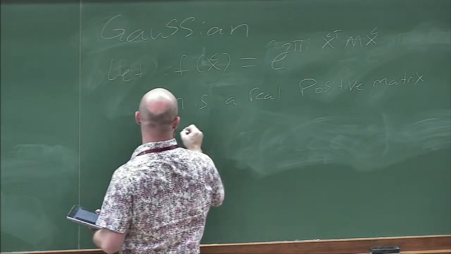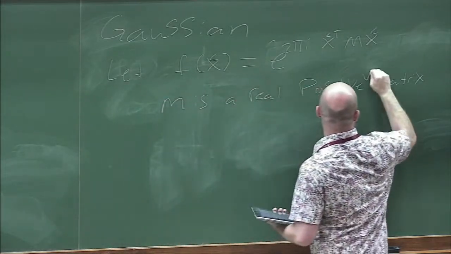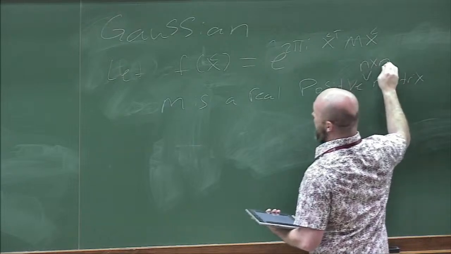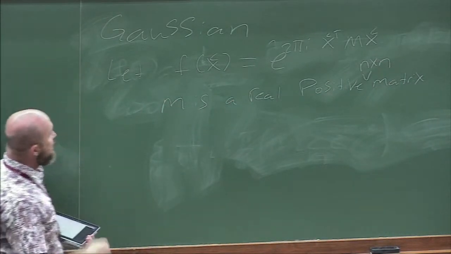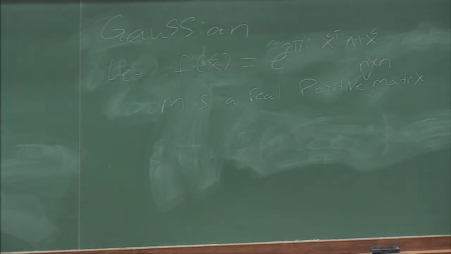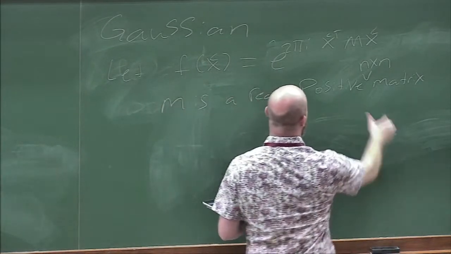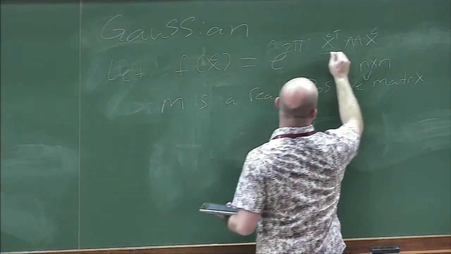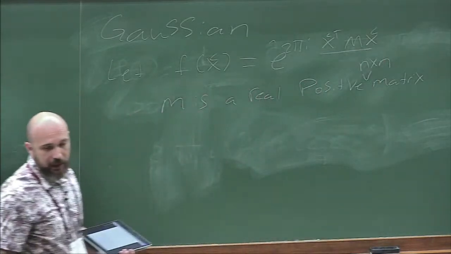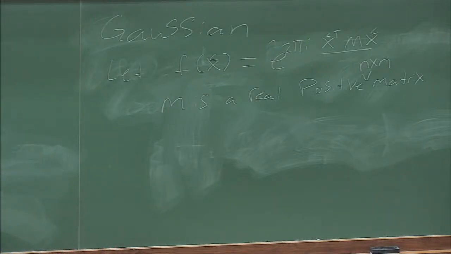My dimensions here, we'll say n by n since we're talking about Rn and Zn. So this is a Gaussian where this right here represents a more general quadratic form for any more general lattice.